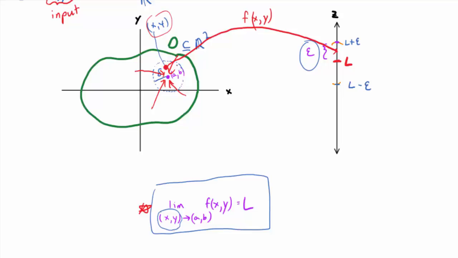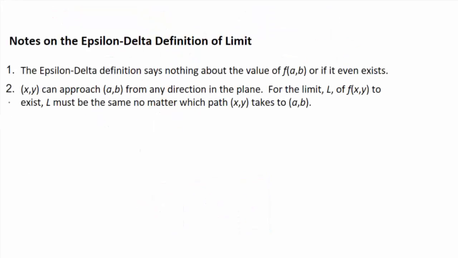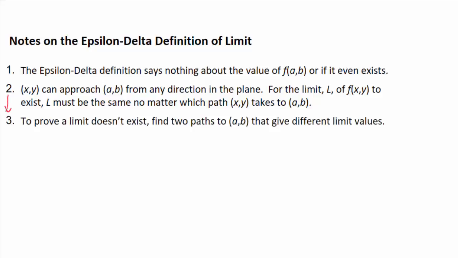And from every single direction, you have to get the same value of the limit for the limit to exist. So note number 2 goes right into note number 3. To prove that a limit doesn't exist, you can find 2 paths to AB that give different limit values.